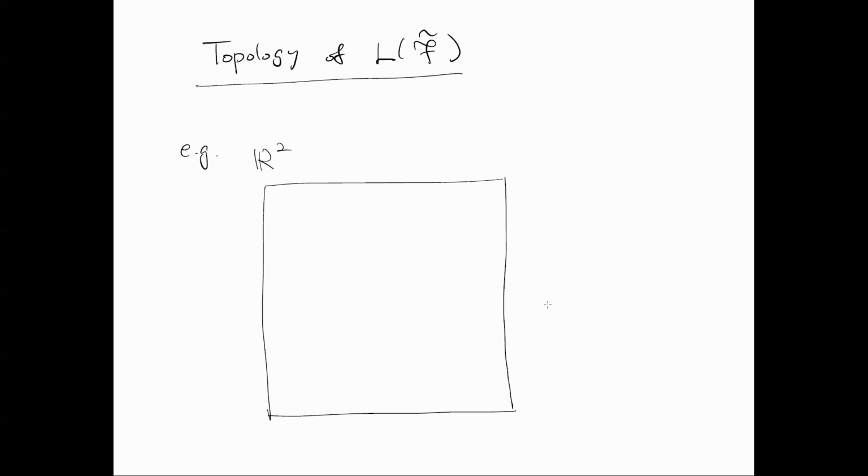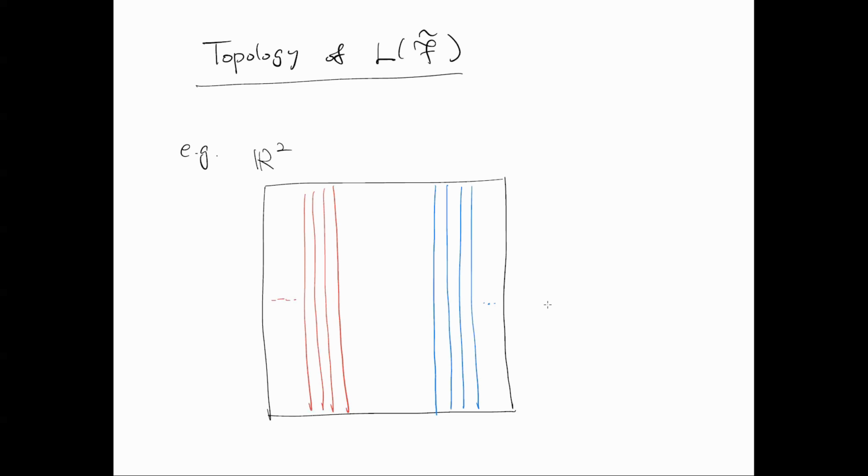In R^2, first of all, I use this straight line colored in red, and on the left half plane, I foliate it using parallel copies of straight lines, all colored in red. And here I draw a blue straight line, a vertical one. Again, on this half plane here, I foliate with parallel copies of straight lines colored in blue.